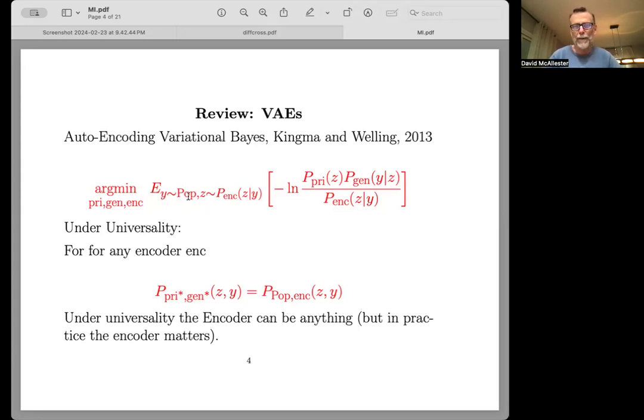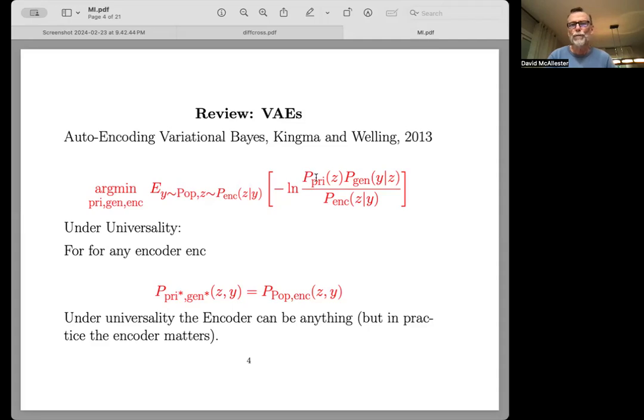We're going to sample from the population distribution. And then we're going to sample a latent variable Z from an encoding distribution. It's going to encode from Y. And that defines a distribution on Y and Z, defined by the population and the encoder. And then we're going to minimize this negative log probability.